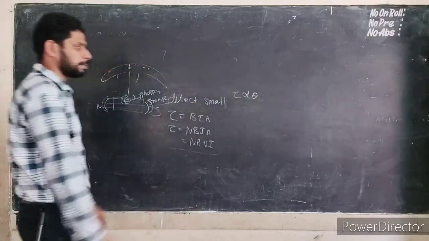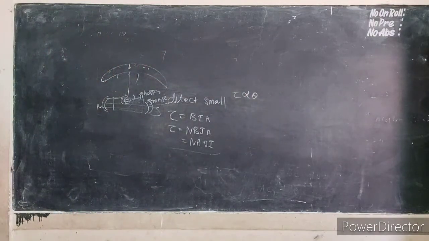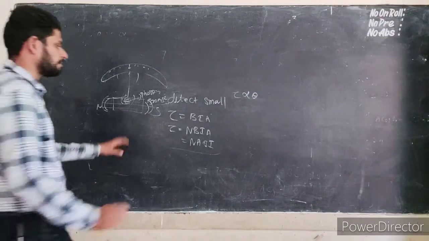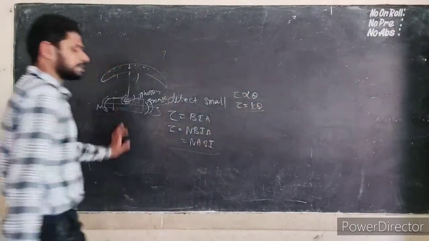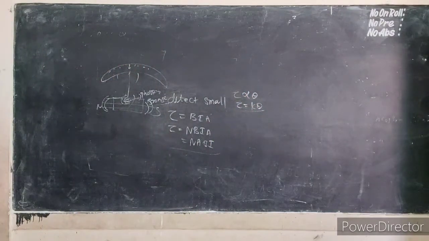Whenever the deflecting torque acts, the coil gets twisted and a restoring force is also developed. Hence the moment of the restoring force is proportional to the amount of twist. So tau equals k theta. k is called the galvanometer constant or restoring couple per unit twist.